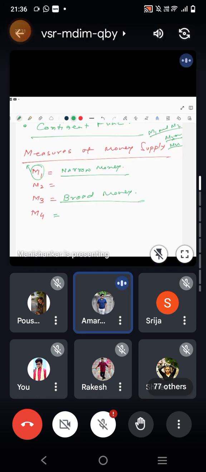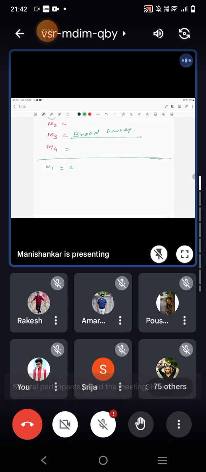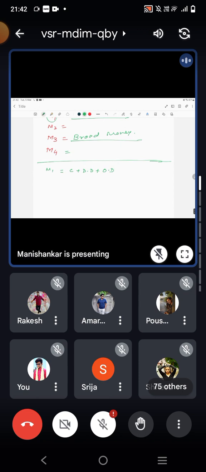That means the metallic coin or paper currency basically held by the public, and then another one is the demand deposit and other deposit. Now basically what is demand deposit? Okay, that means your current deposit.